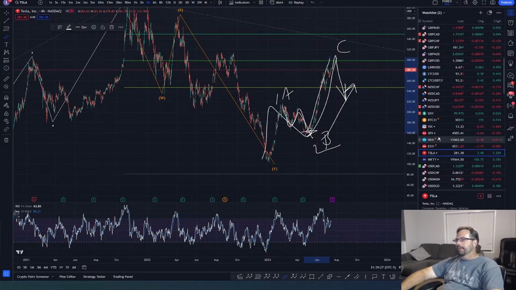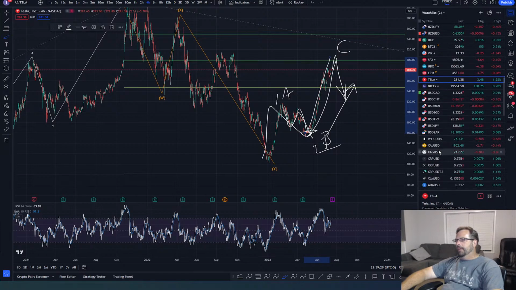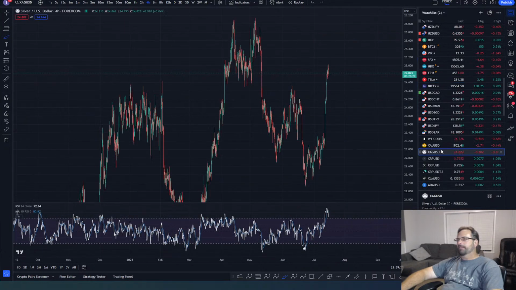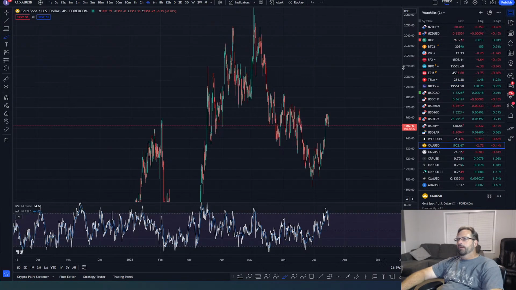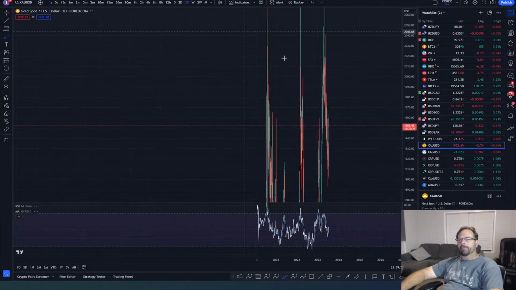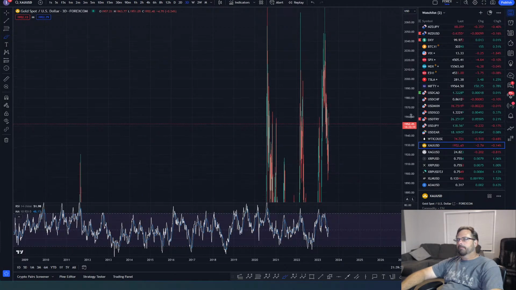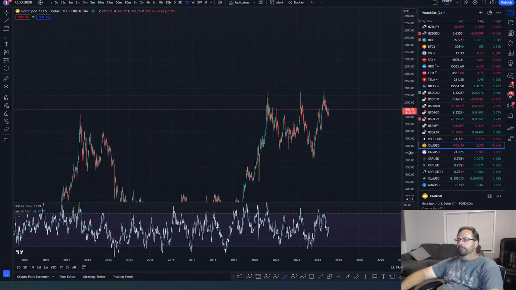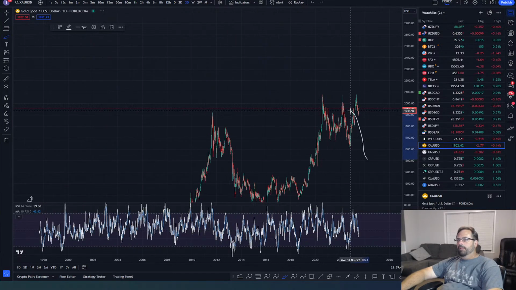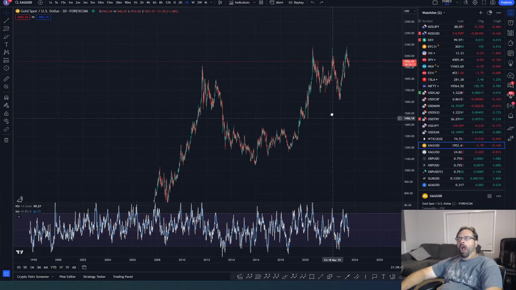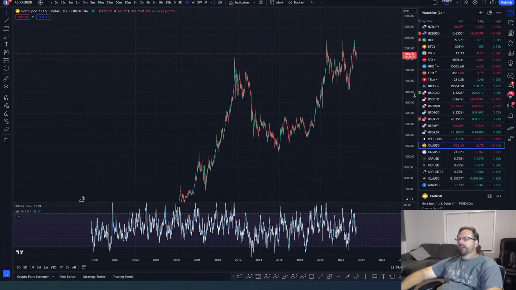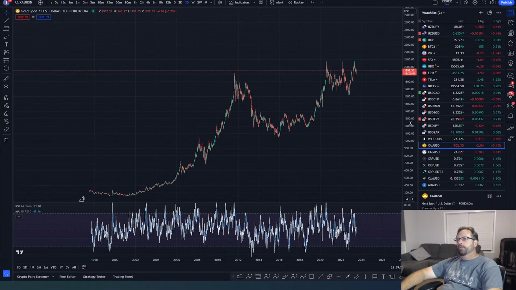Let's look at gold now. XAG. There, that's silver. Sorry, XAU. There we go. Let's look at the 3-day. Oh, that's beautiful. That wave structure. Just absolutely gorgeous. Why is my chart?